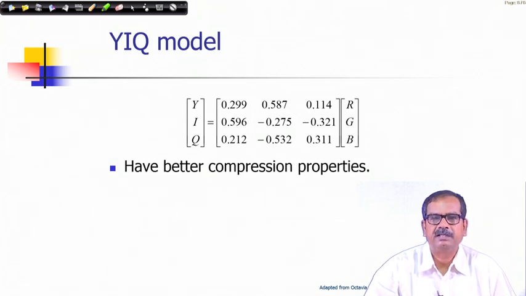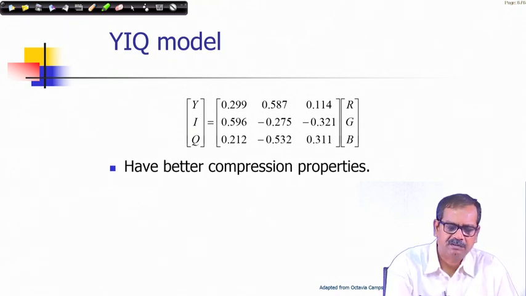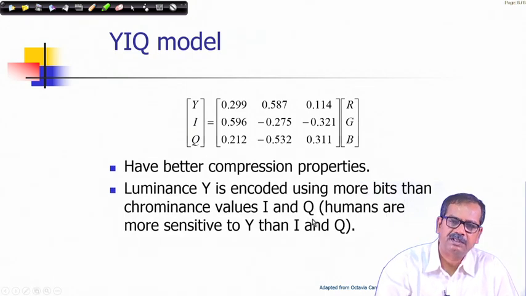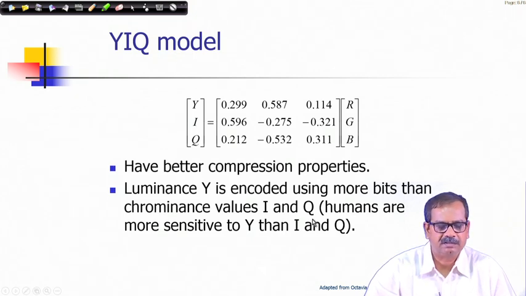So, if you consider any color video signal, and if the color is represented in this form rather than RGB, then the components I and Q in that signal will require less bandwidth. In fact, that is why this particular conversion is used in color television signaling, and we can also use it in digital television signals.